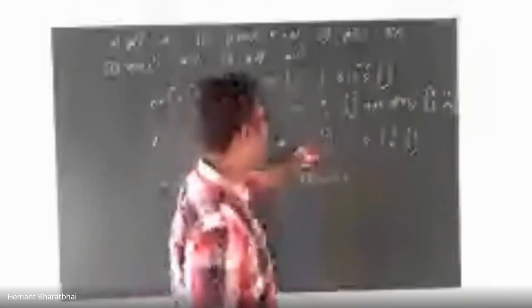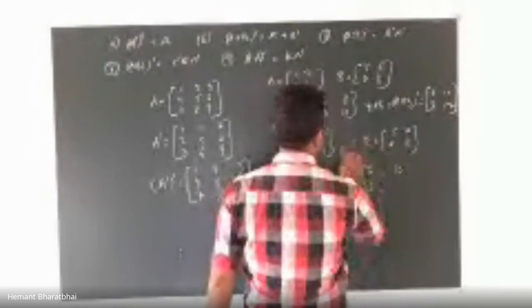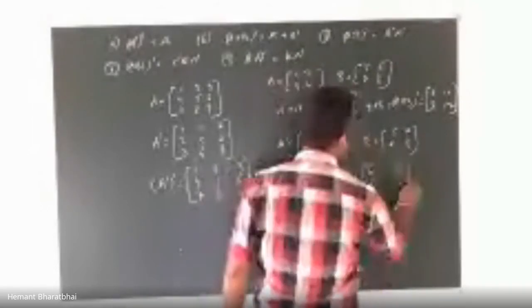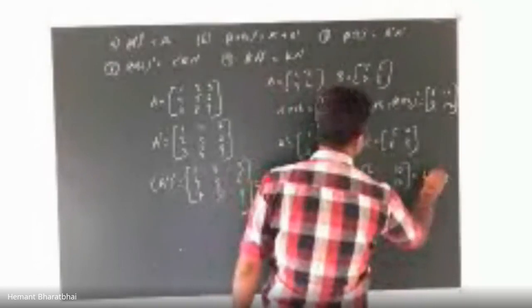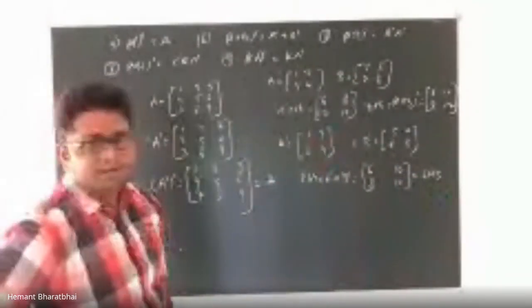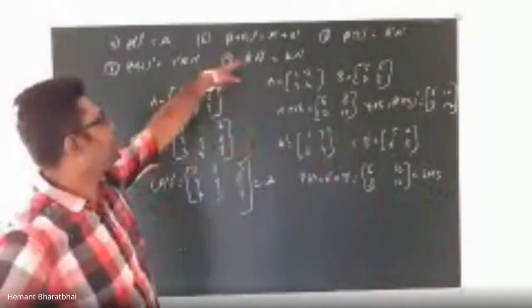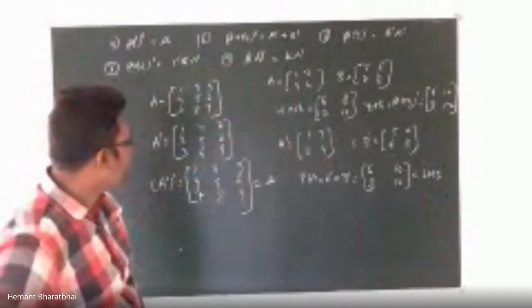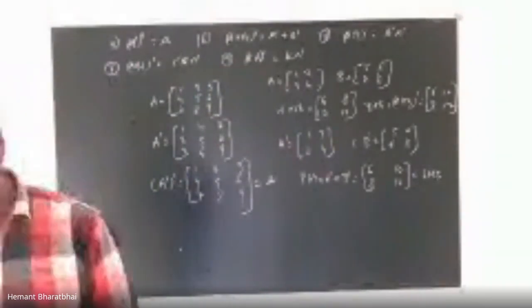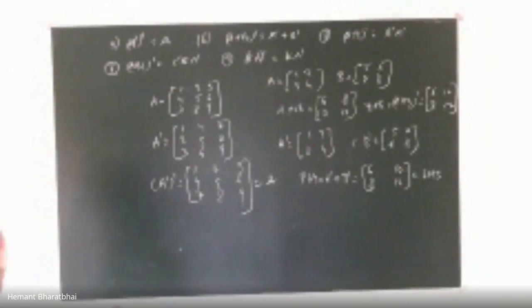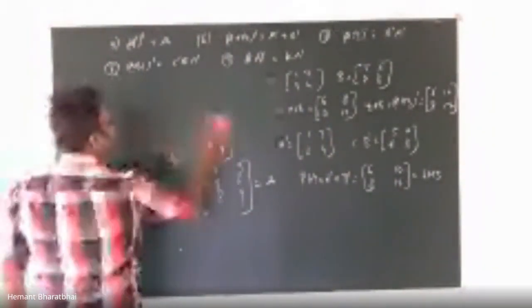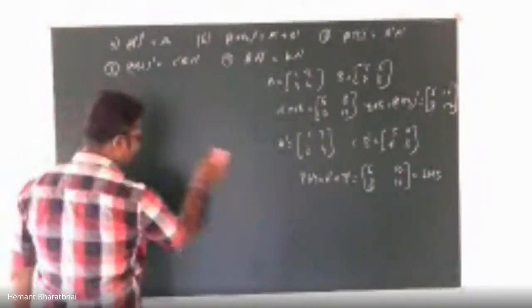So 1 plus 5 gives me 6, 7 plus 3 gives me 10, 6 plus 2 gives me 8, 8 plus 4 gives me 12. Is it the same as your LHS? So LHS is also 6, 10, 8, 12. Your RHS is also 6, 10, 8, 12. Therefore the second property also gets proved. Same we can prove for multiplication also.